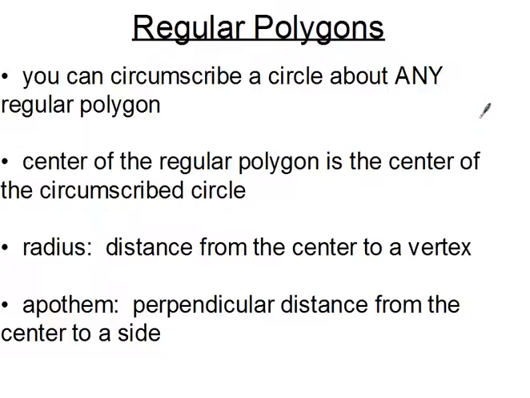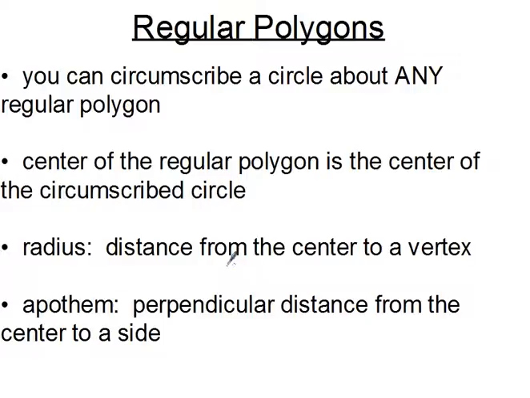Alright, some helpful hints here. With any regular polygon, you can circumscribe a circle around it. So any regular polygon, a pentagon, whatever, you can draw a circle that touches all of the vertices of the shape. So every single vertex all the way around the shape is going to be on the circle. The center of the regular polygon is the center of that circle.